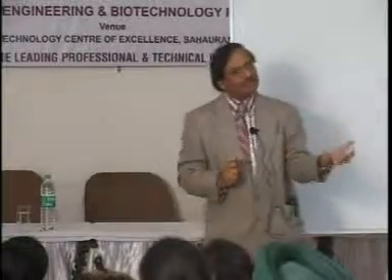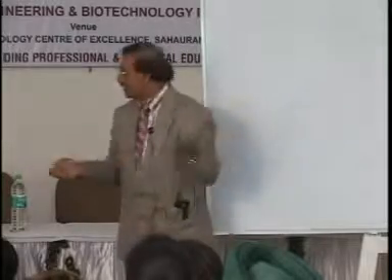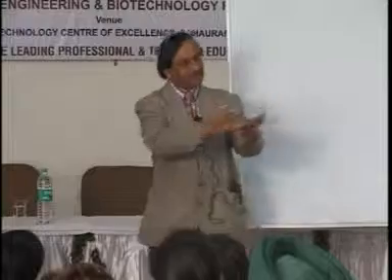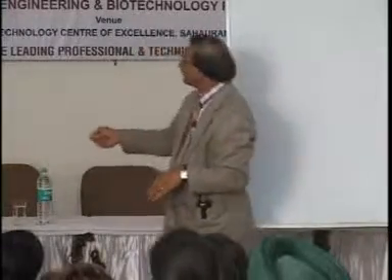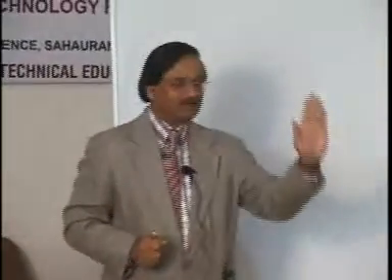Second, when you are generating such a data set or image space, you can automatically align those two images, the PET and the CT, or the CT and MR, or maybe anything else. You can avoid complex mathematical co-registration. This is an important step of fusion imaging, the registration. That means you acquired an image set, and you acquired another set of images.